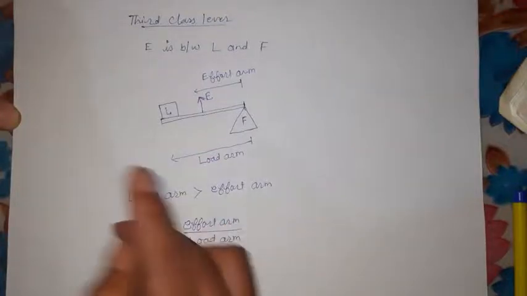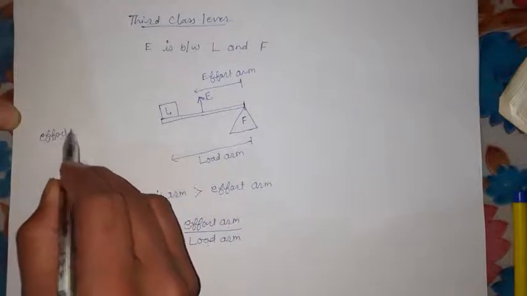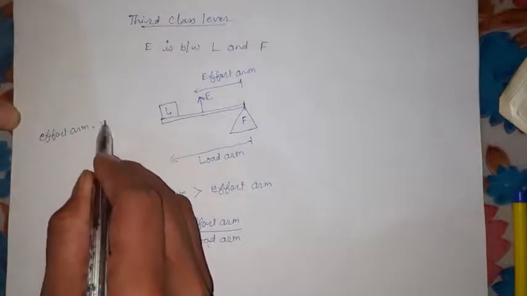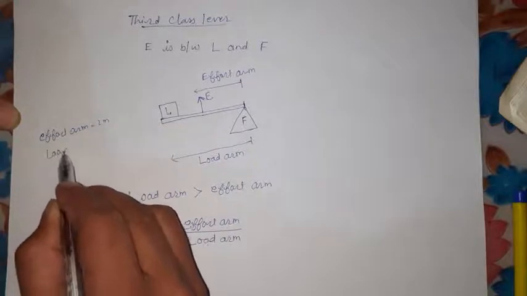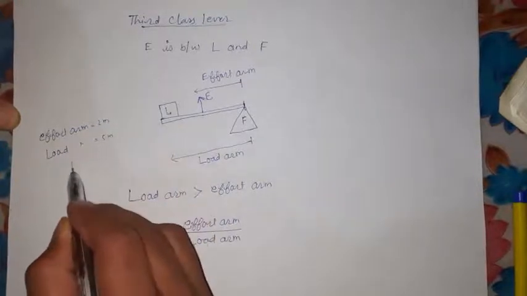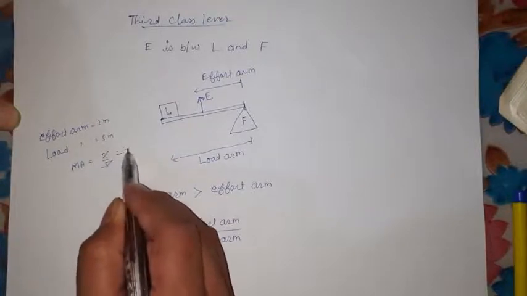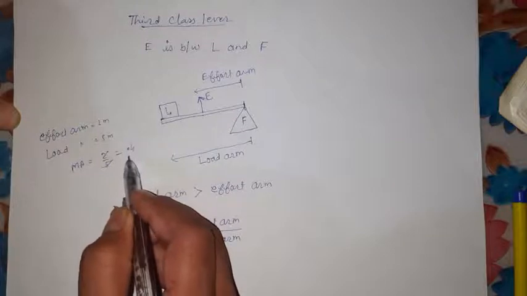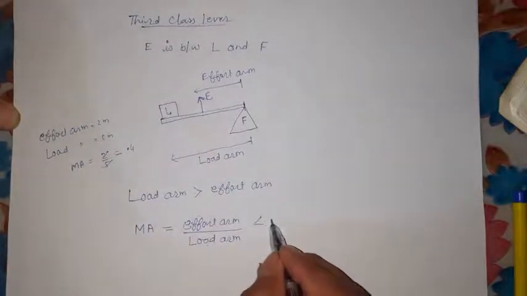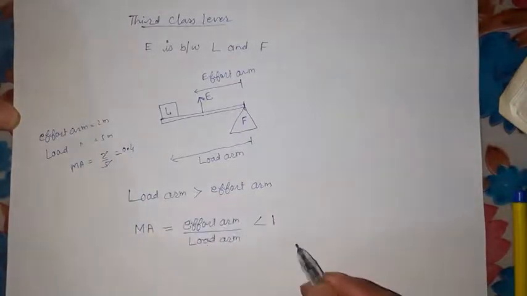For example, if the effort arm is 2 meter and the load arm is 5 meter, what will be the mechanical advantage? It will be 2 by 5, that is 0.4. So it is less than 1.